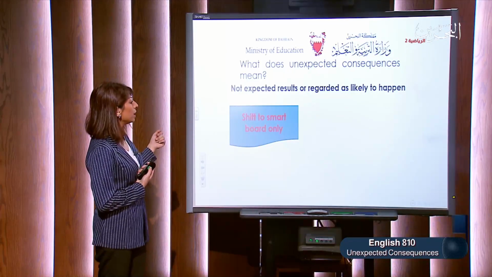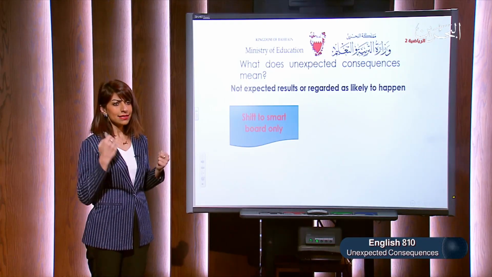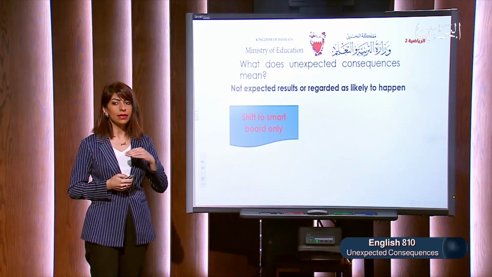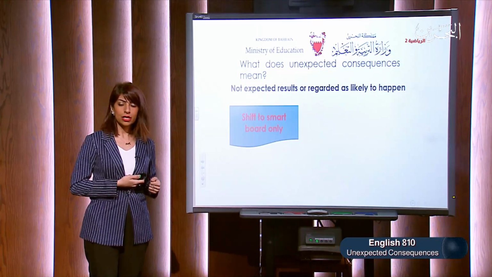For example, shift to smart board only. Now, as you all know, we are using 2 boards in the classes, the whiteboard and the smart board. Let's assume that we're going to use only the smart boards. What is going to happen? Of course, there are positive consequences as well as negative consequences.